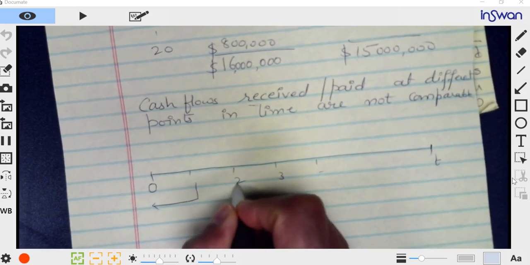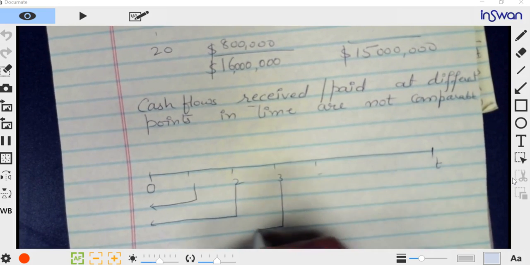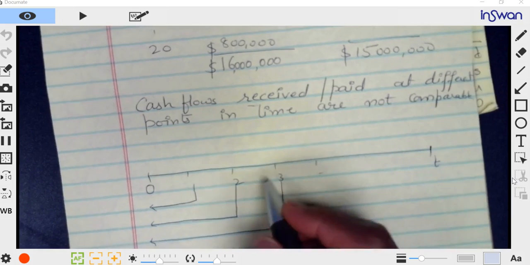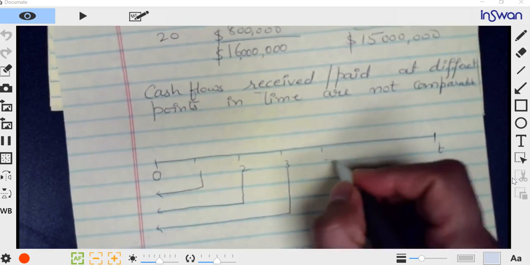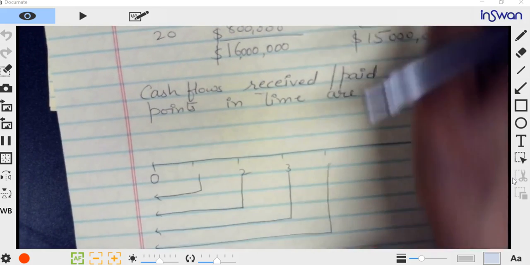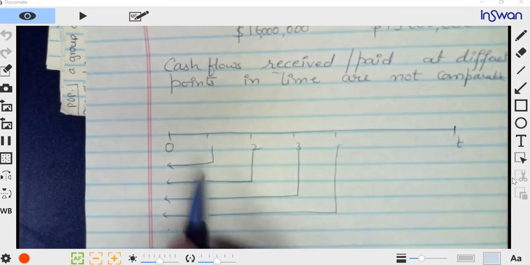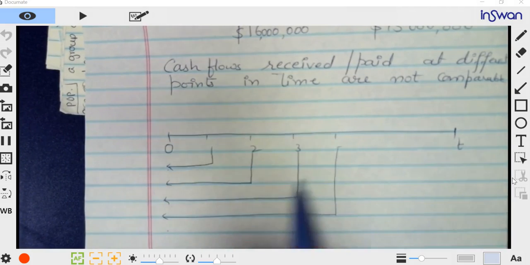we bring them here. For all the cash flows, you get the present value of those cash flows. After getting this present value, all these cash flows are at the same point in time, and then you can compare them.